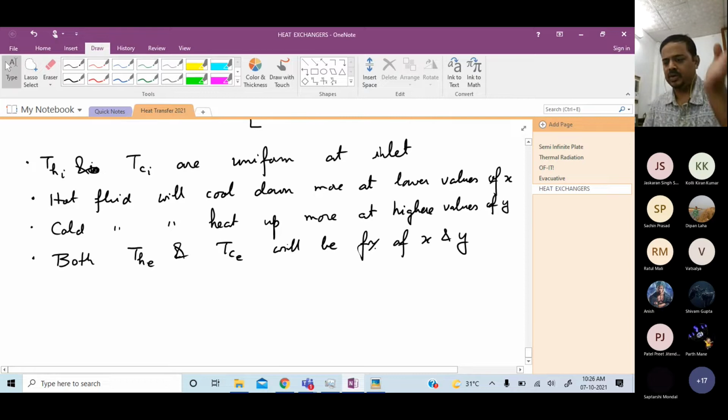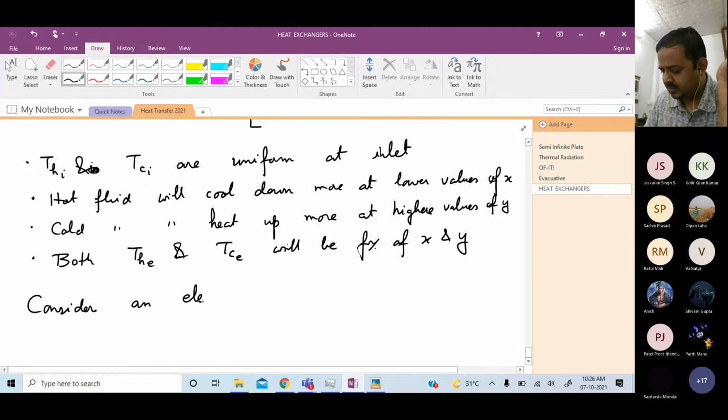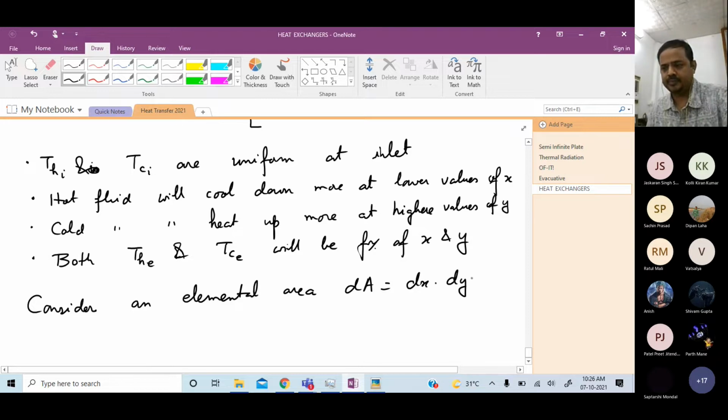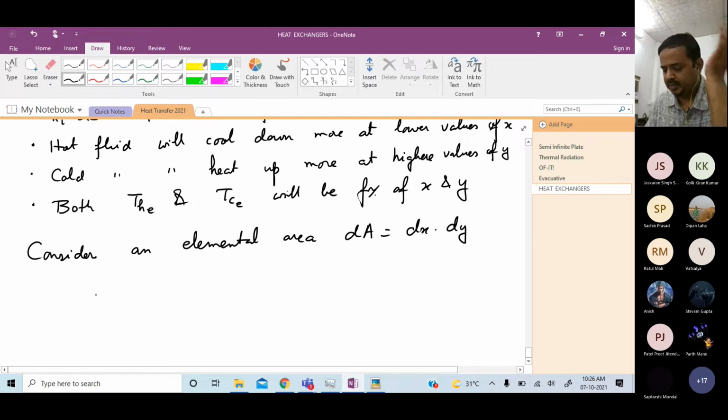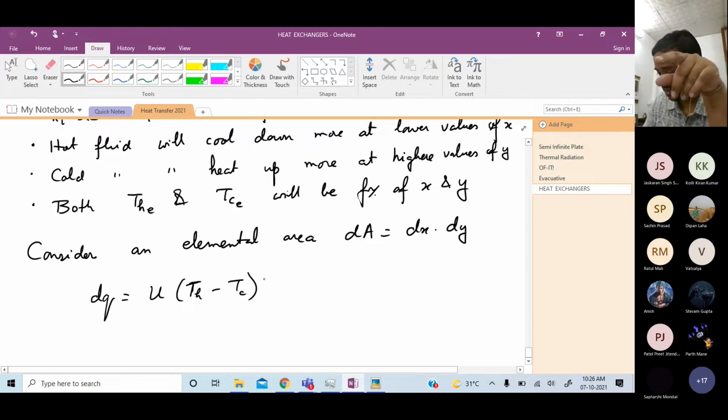So if I consider an elemental area dA equal to dx times dy, then dq is U times (Th minus Tc), both are functions of x and y, by the way, dx dy.